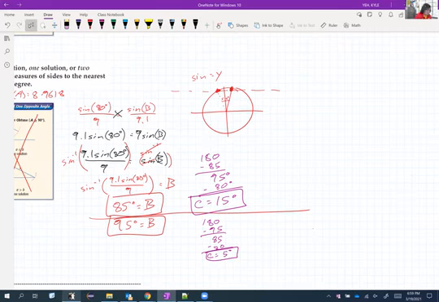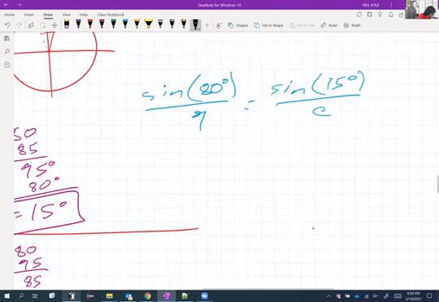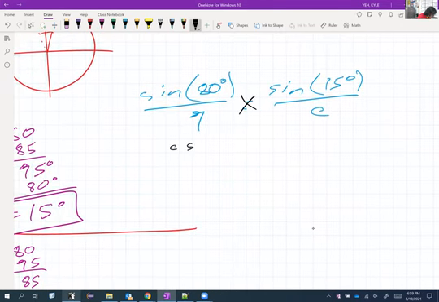Finally, to find side length C, we're just going to do our law of sines. Sine of 80 degrees over 9, that's what we started with, equals sine of 15 degrees over C. Side length C is what I'm solving for. And I will try to keep all my work above the line, so I'm going to zoom in so I can write smaller.